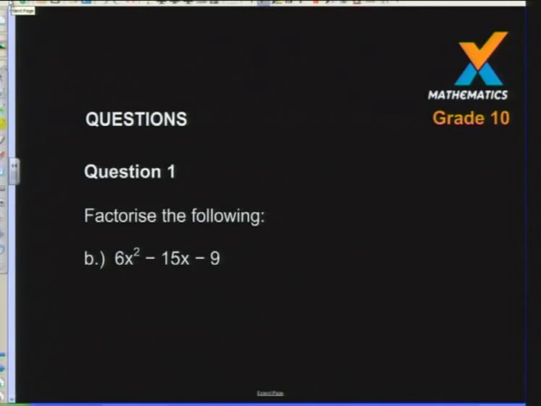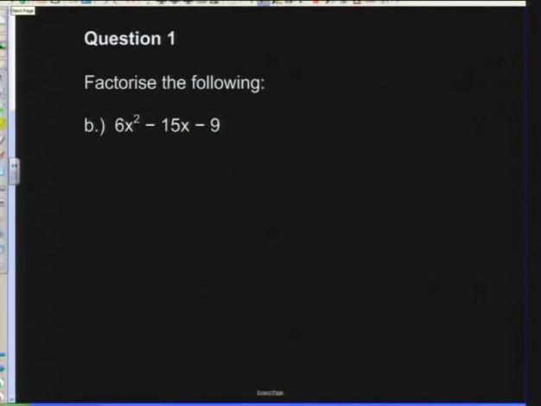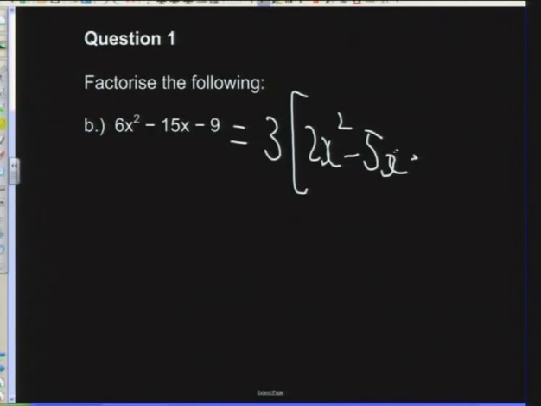Then we can factorize a trinomial, but I'm going to make it easier for myself, and I'm going to say, hang on, I can see that 3 is a common factor. So if I take out 3, I'm left with 2x squared minus 5x minus 3.